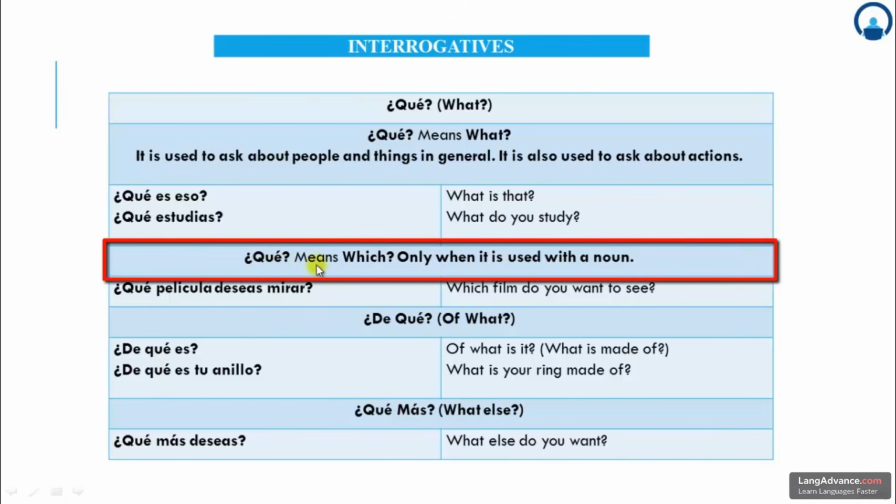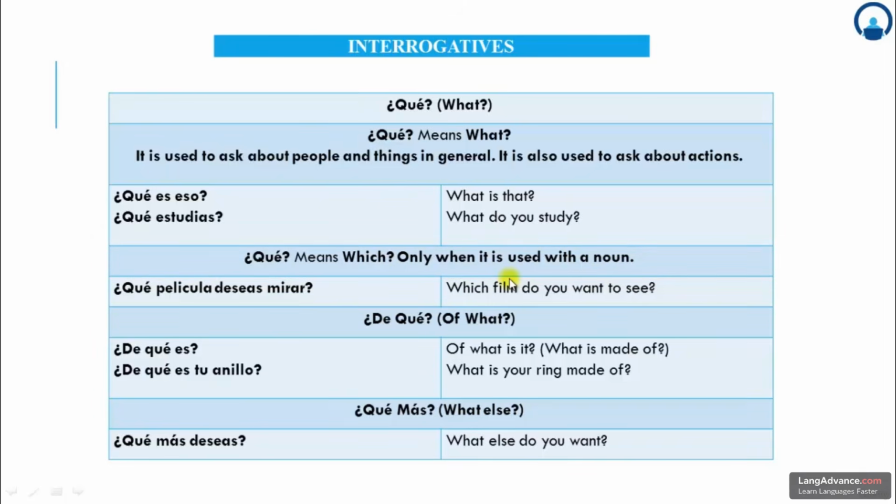Next, que means which only when it is used with a noun. So please keep a note of it, because these rules will be changing often. Here above the que means what, and here the que means which. So the rules are different. So please keep a note and please remember them.